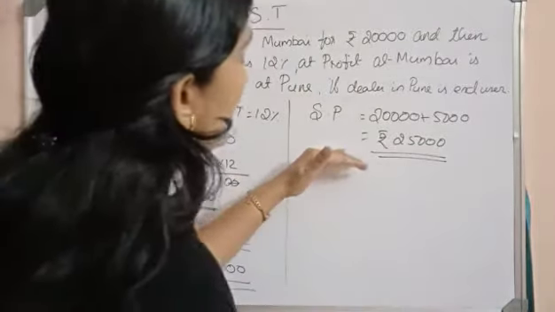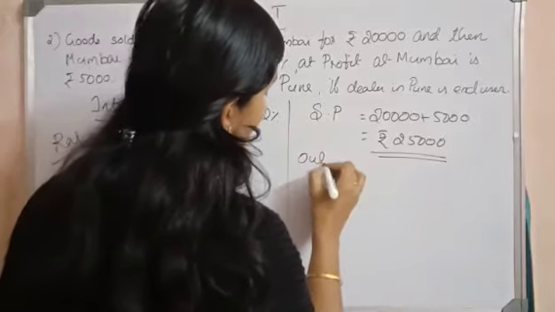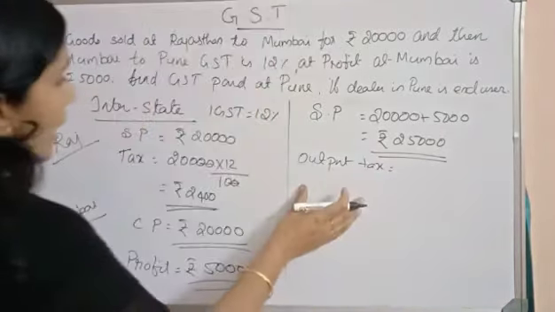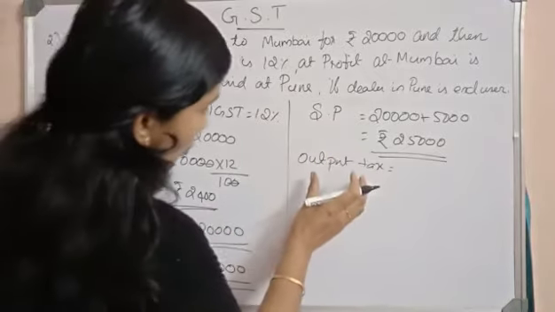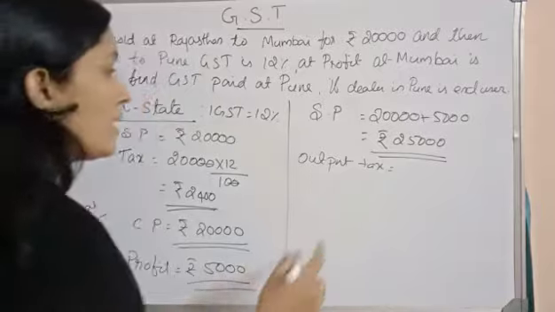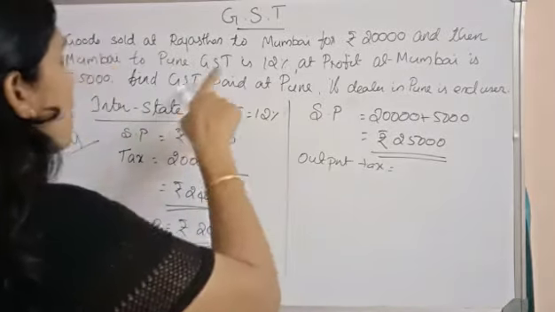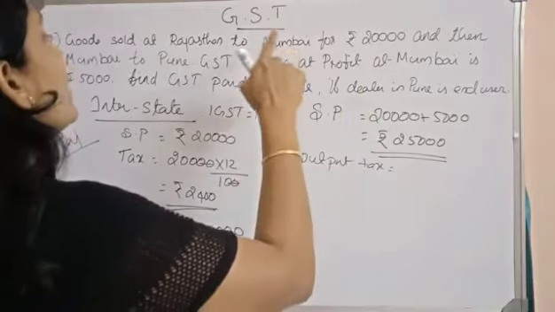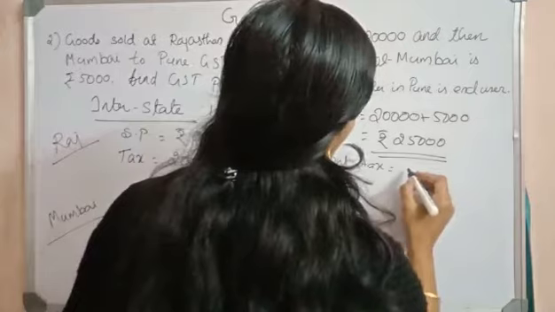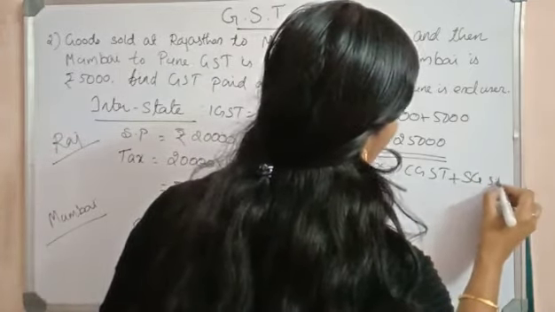Now here, the output tax at Mumbai. Since we know the output tax is calculated on the selling price, output tax at Mumbai is on 12% rate we have to calculate. Since it is happening in the same state, that is in Mumbai as well as in Pune, we have to calculate the CGST and the SGST.